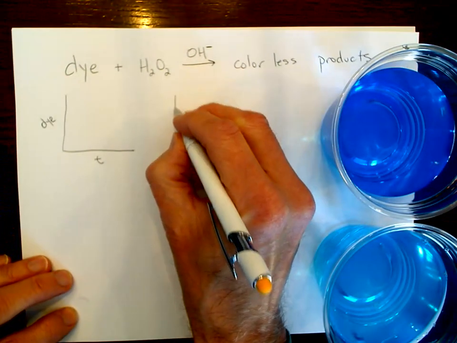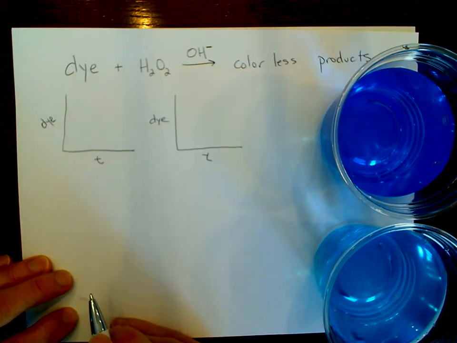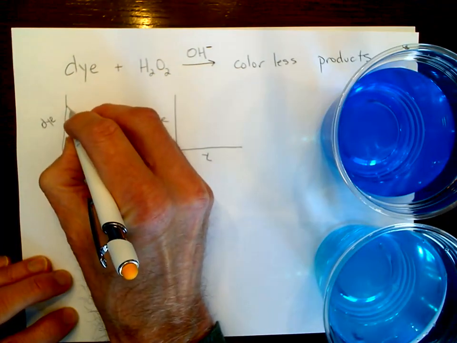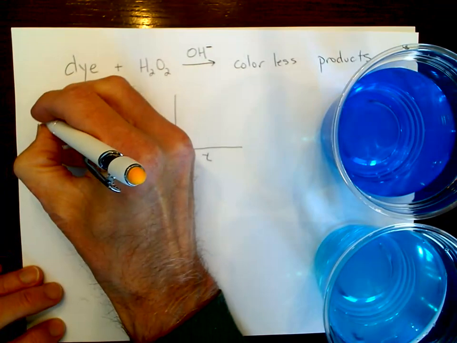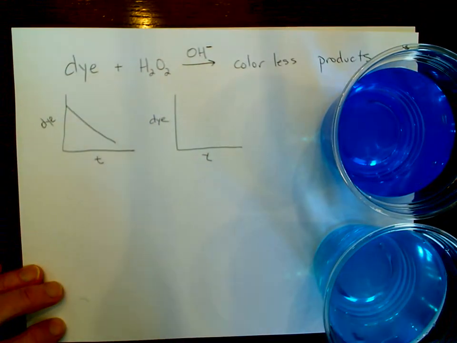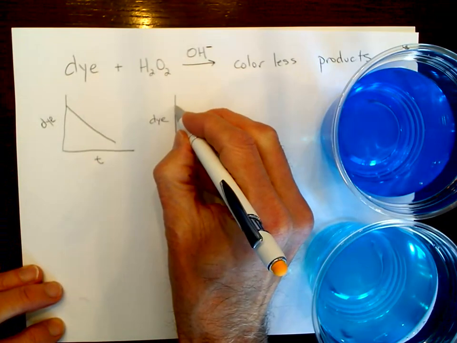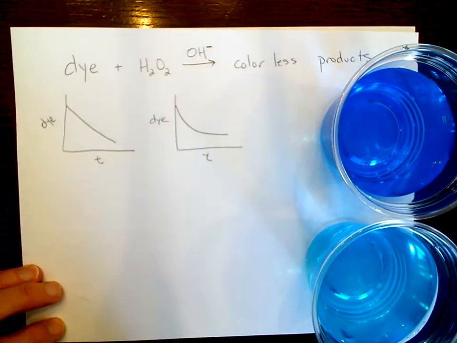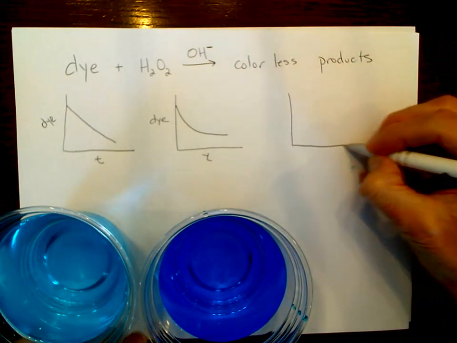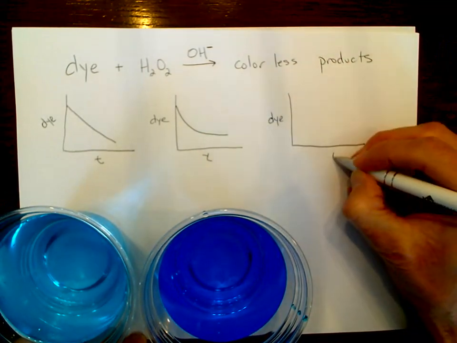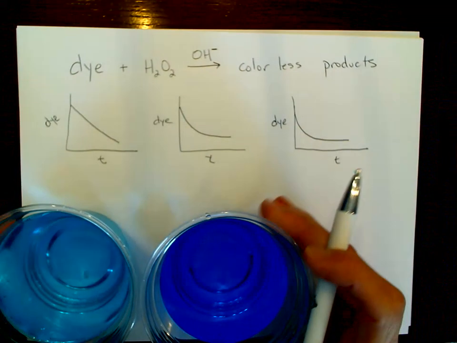So there's a couple ways that this could actually happen. Sometimes when we do this particular reaction, we see the color fade in a straight line about like this. And because we can see the color changing, we can measure its concentration by how deeply blue the color is. Sometimes we see it tail off like this, and other times we see it tail off quite rapidly like this. The concentration of the dye versus time, we see it drop really rapidly, much more rapidly than in the other case.